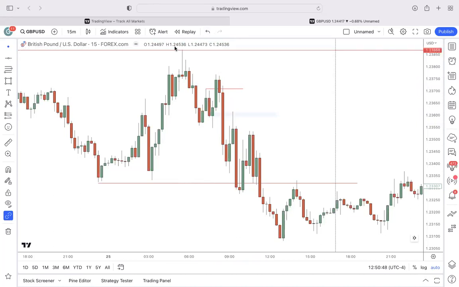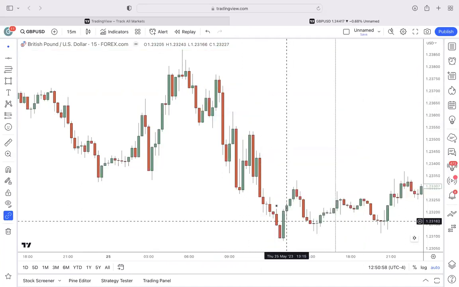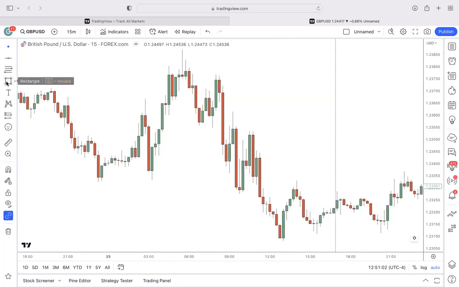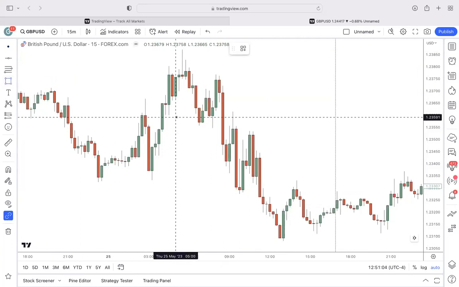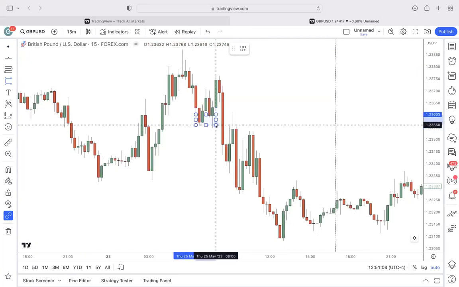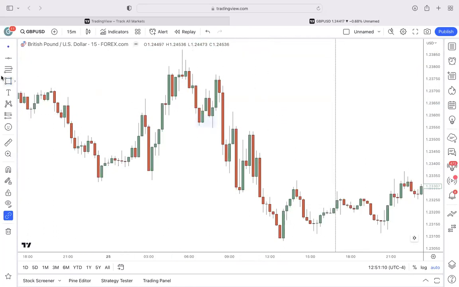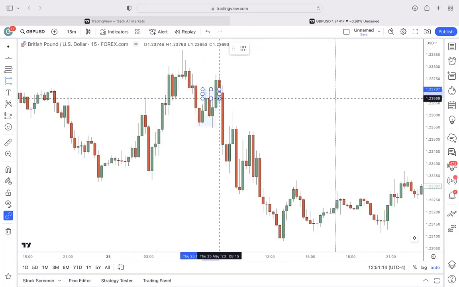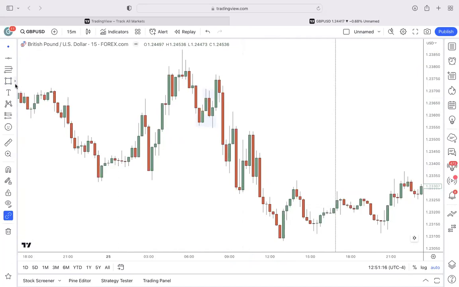If I were to break this down right here, if I break this fractal right here down to a 1 minute or a 5 minute time frame, let's just say 1 minute, you're going to see a market maker sell model right here. And this right here is going to be your original consolidation. You're going to have distribution here on a 1 minute time frame, mind you.